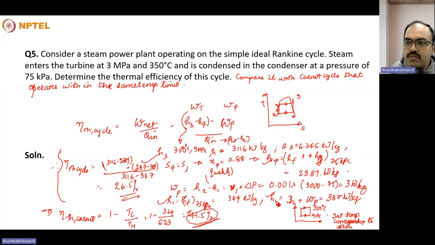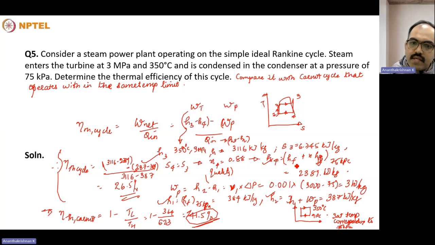So this is the maximum possible that can be attained between these two temperatures. Here we assume that there is no irreversibility associated with the heat addition, so the temperature of the heat addition process remains constant at 350 degrees Celsius.